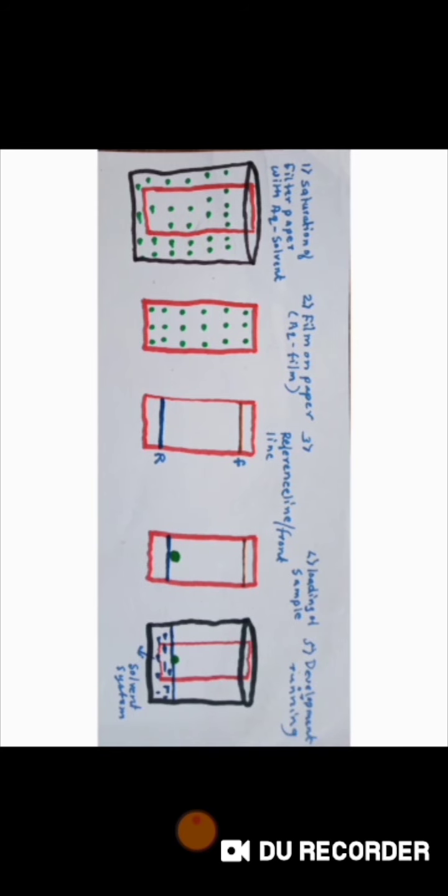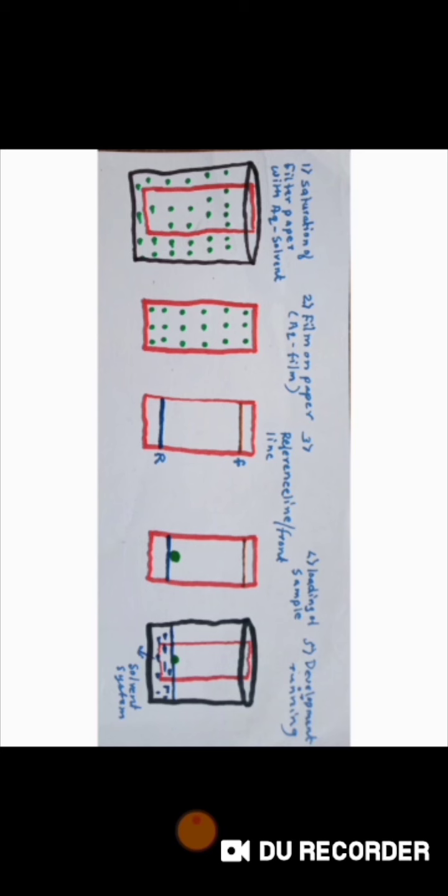Here is a diagrammatic representation, figure number 1. In figure number 1, filter paper is dipped into a chamber which contains an aqueous medium, which gets onto the paper. After that the paper is removed. In the second figure, the green dots clearly show that there is a film or aqueous layer formed on the paper, which will play the role of the stationary phase.